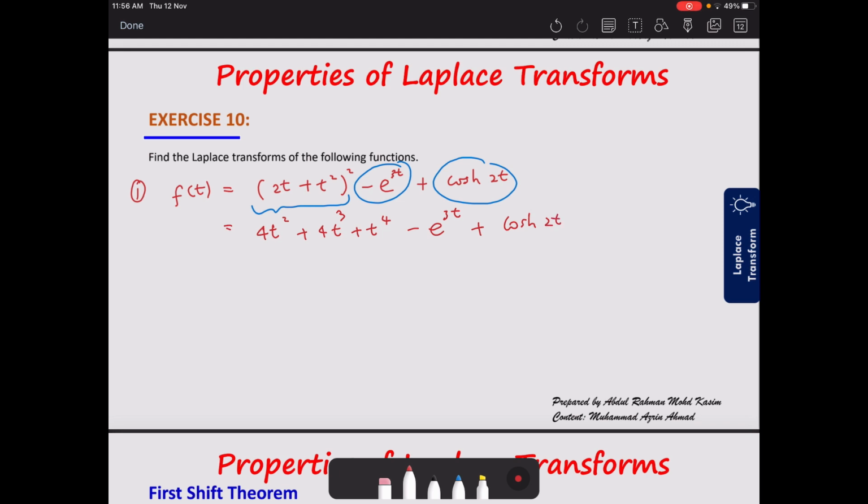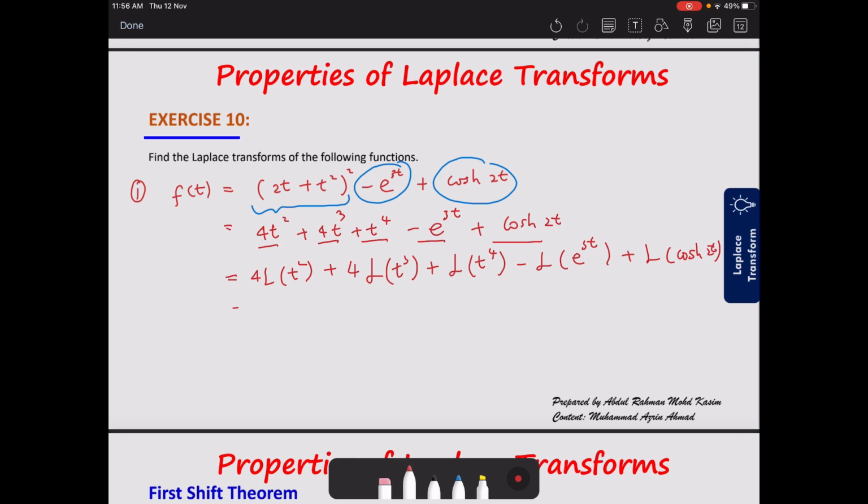Now, according to this, you can find it separately by taking the Laplace of the function t squared, and you have 4 over here for the function t cubed, and then the Laplace of the function t to the power of 4, then minus the Laplace of the function exponent 3t, and then you need to take the Laplace of the function cos 2t.